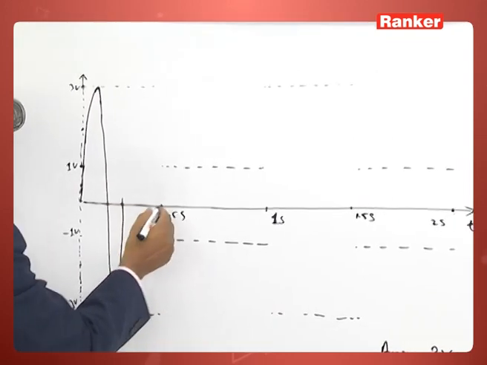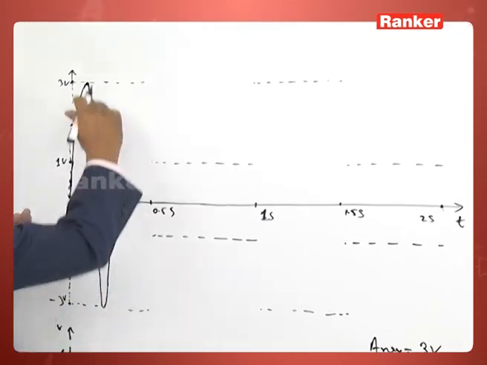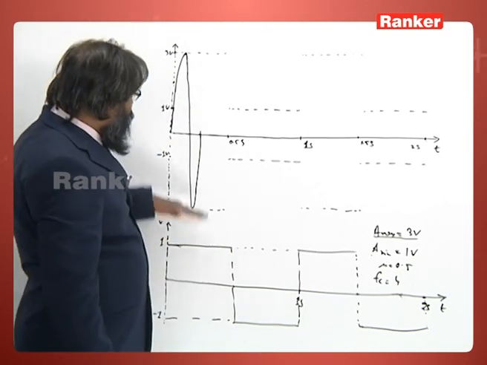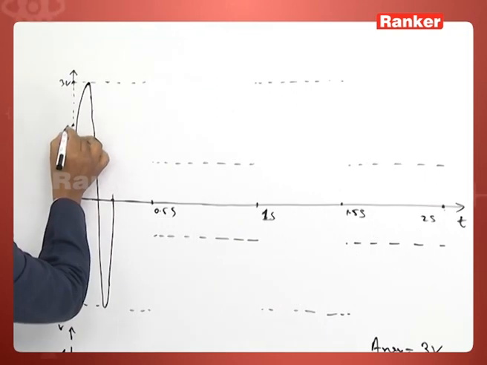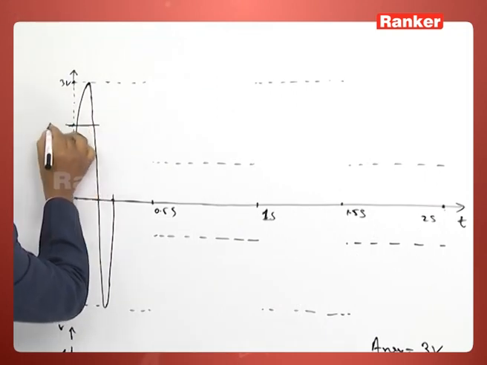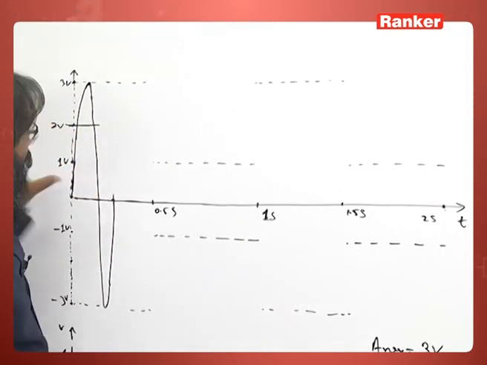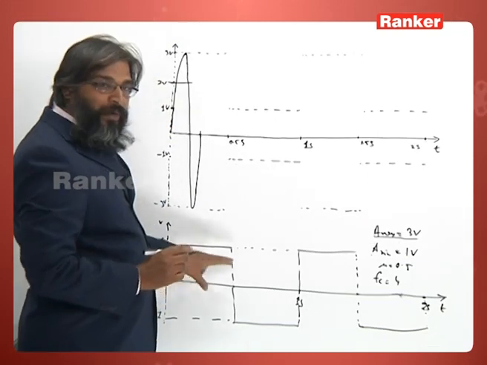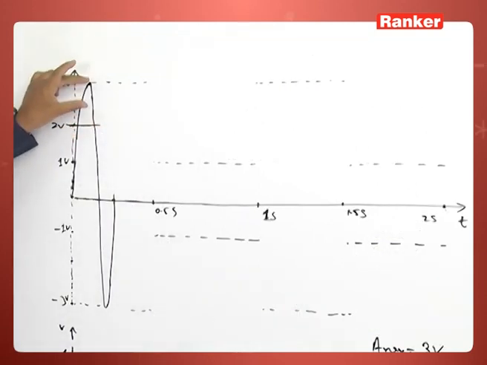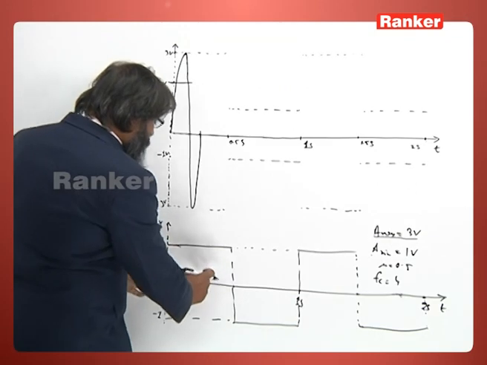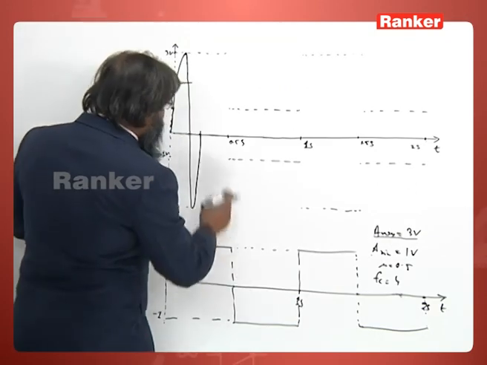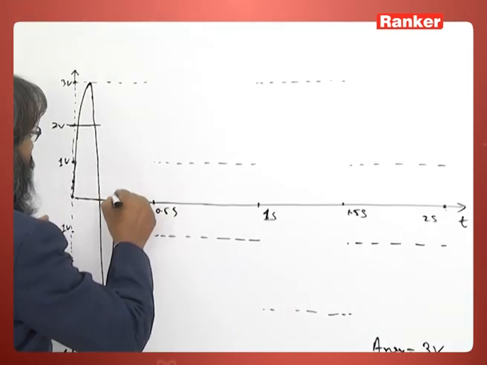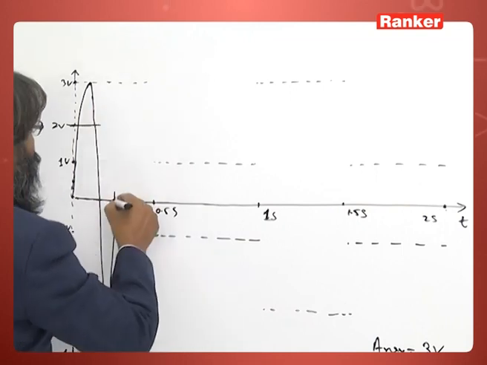You see, within 0.5 second the modulating signal is 1 volt, this is high volt. The carrier wave was up to 2 volts, this was the amplitude of this carrier wave. So when the modulating signal is plus 1 volt, up to 0 to 0.5 second the wave will make 2 oscillations with an amplitude of 3.